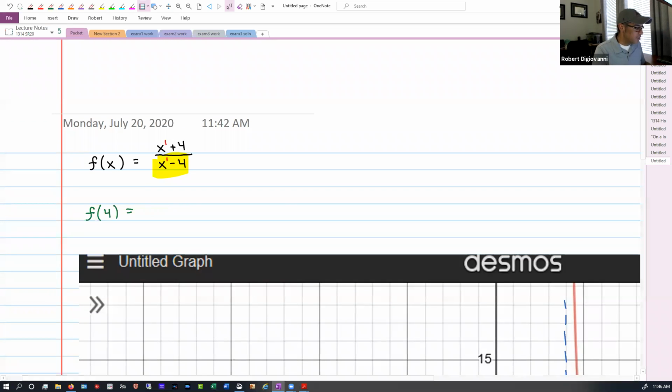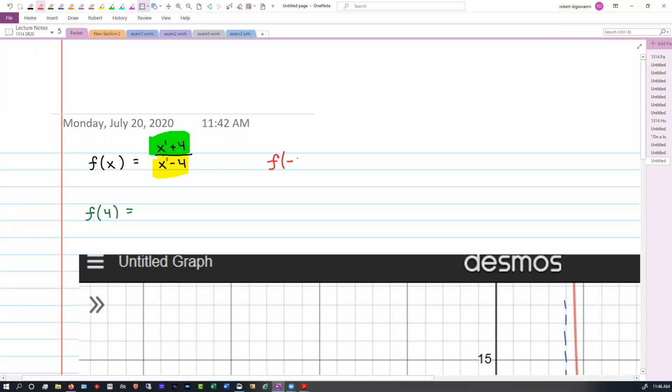Now there's something else interesting happening. What number would I plug into this function to make the top 0? I know if I plug in positive 4, I'm going to get the bottom to be 0. But what would I have to plug into the function to get a 0 on top? Negative 4, yeah.